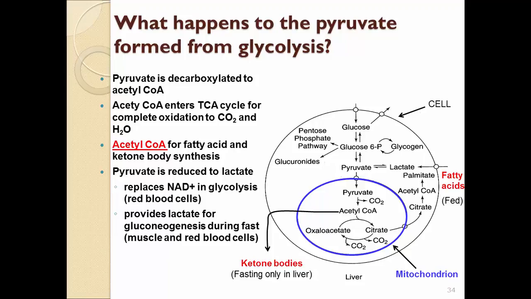Once pyruvate is metabolized from glucose, it is transported into the mitochondria and broken down further to acetyl-CoA. This process, done by pyruvate dehydrogenase, is a very important process. Once the acetyl-CoA is generated from glucose metabolism, it enters the TCA cycle for complete oxidation, producing CO2 and water.